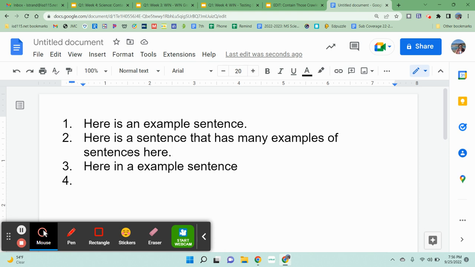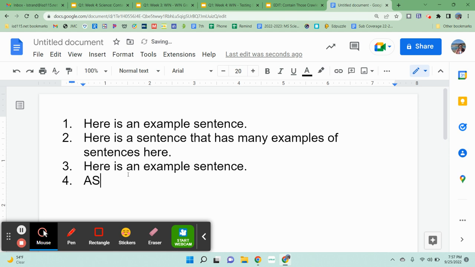Okay. So, doing that. And then sometimes really small things can look right when you first read over them, but there is a small mistake. Like, for example, here: "in an example sentence." Now, if I just wrote that, I probably thought that I wrote "here is an example sentence." But if I put a period at the end, the computer will catch that.